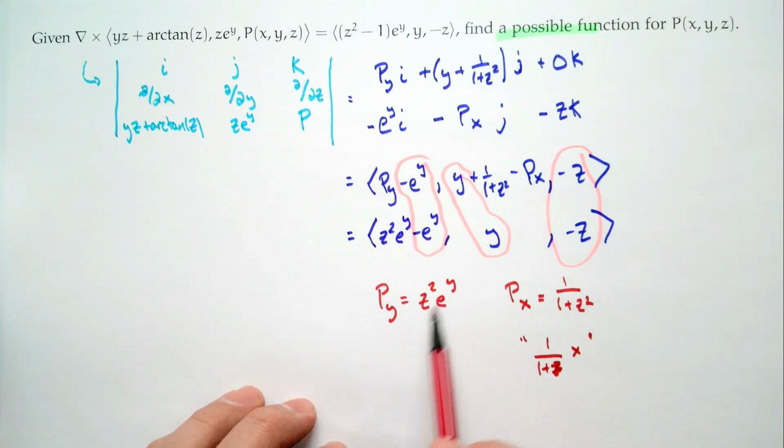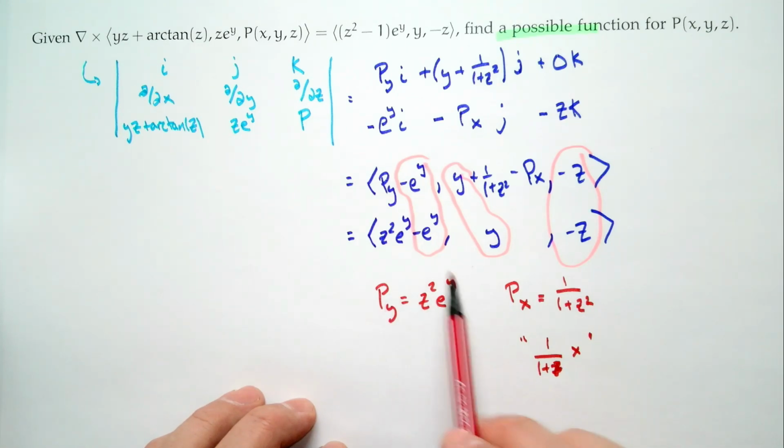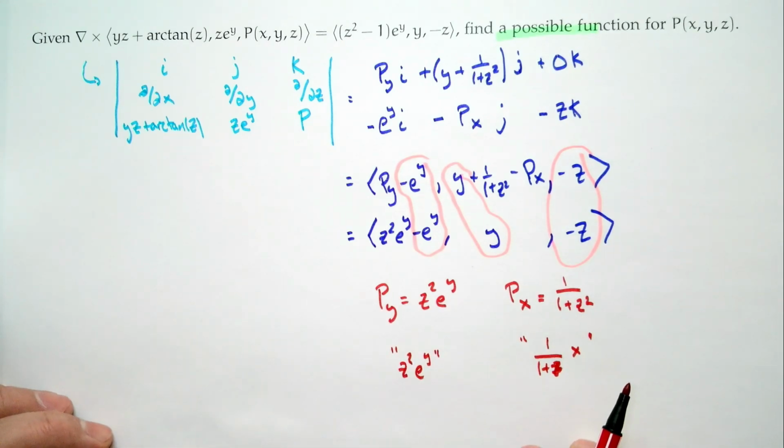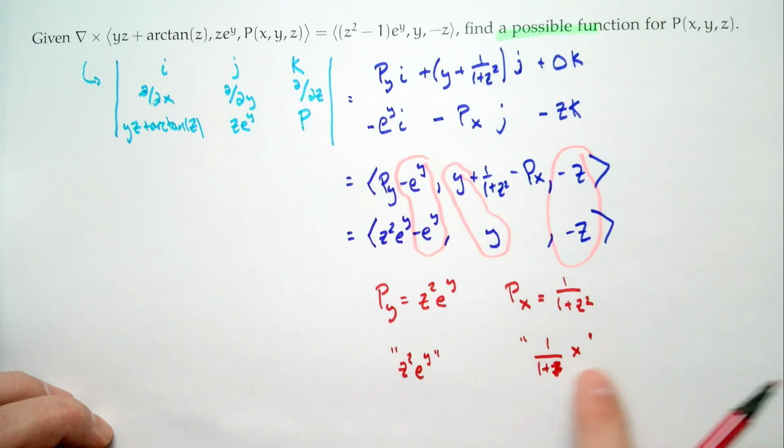All right, how about over here? If I integrate this with respect to y, what would I get? Yeah, if you integrate z squared e to the y with respect to y, another part should be z squared e to the y. And now we ask, are these compatible? Well, in some sense, yes, because this piece has nothing to do with y, so when we take its derivative, it'll go away.